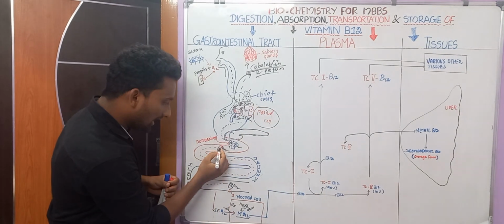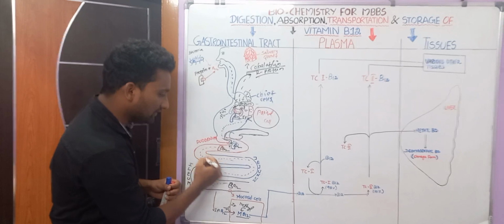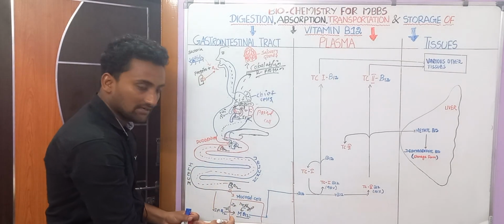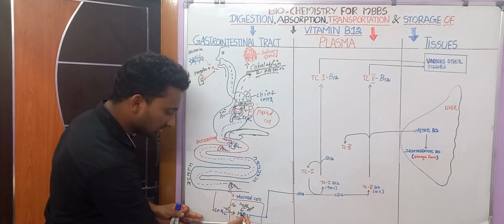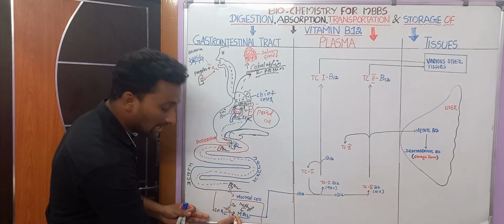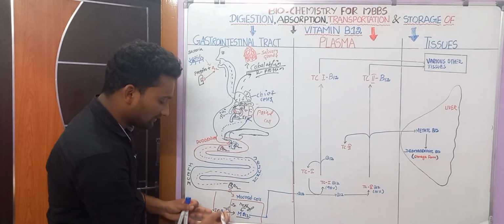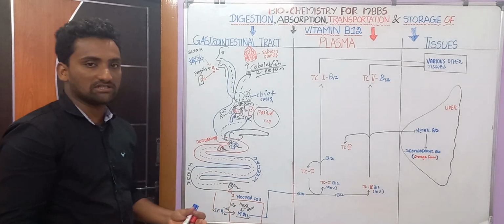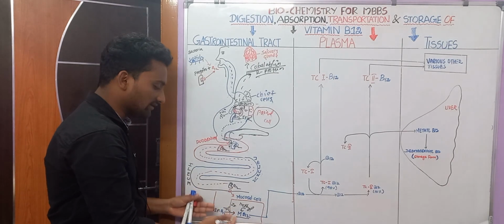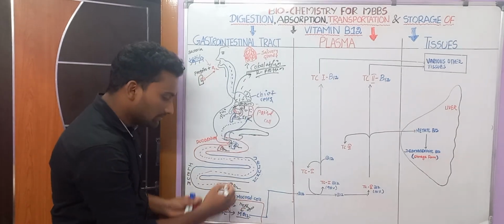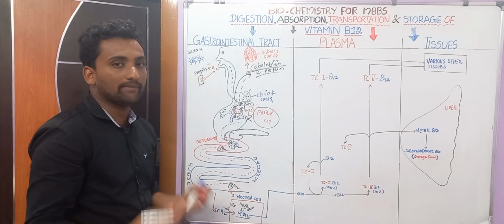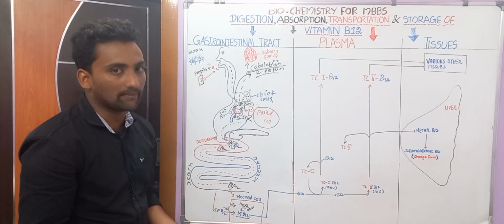Now this IF-B12, intrinsic factor B12, enters into the ileum. In the ileal mucosal cell, it internalizes with the help of the receptor, intrinsic factor receptor, and enters inside the mucosal cell. In the mucosal cell, intrinsic factor will come out and a methyl group will be added to the B12. Now the B12 is called methyl B12 or methyl cobalamin.